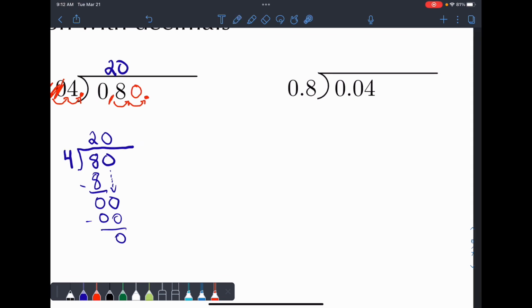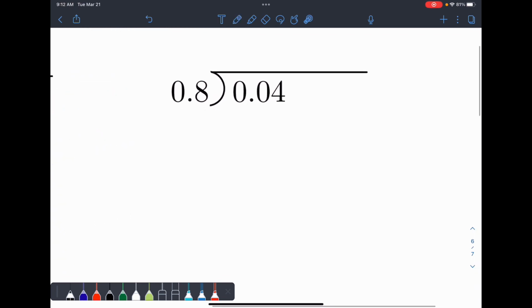And like before, we're going to move the decimal in the divisor until we get a whole number. So that would be moving it over 1 place to there. And we do the same for the dividend.